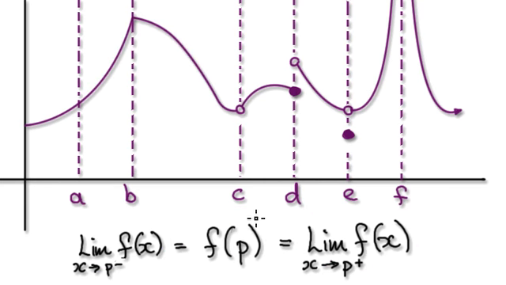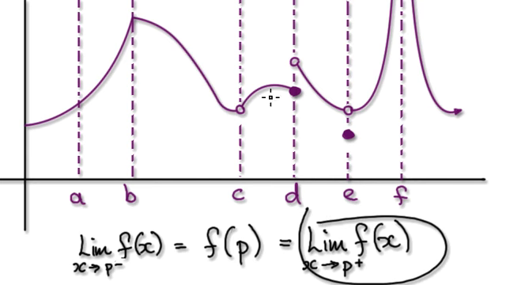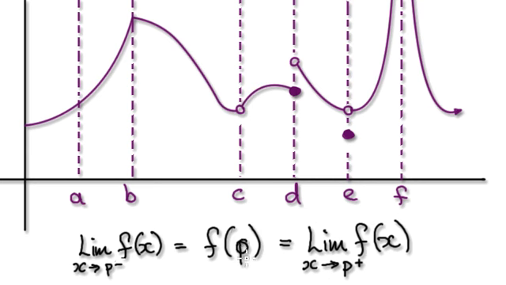Okay. If you look at point C here, first check the left hand side. The left hand side is approaching here. And then check from the right hand side. From the right hand side, it's approaching there. So that's looking good. But the thing is, when you put C into here, C is actually undefined. You can't actually put C in here. It's not even in the domain.